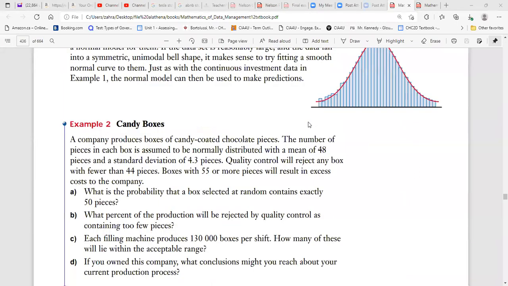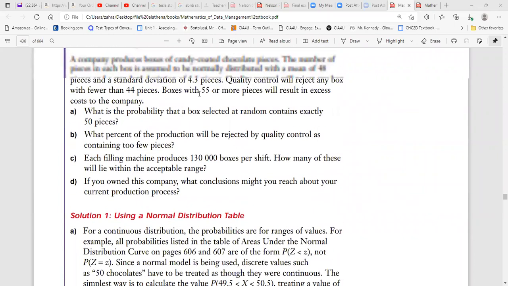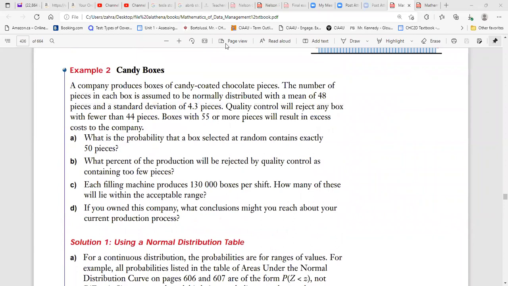Now, you want to see what percent of the population will be rejected by quality control as containing too few pieces. Again, if you make a shape here, in the middle we had 48.